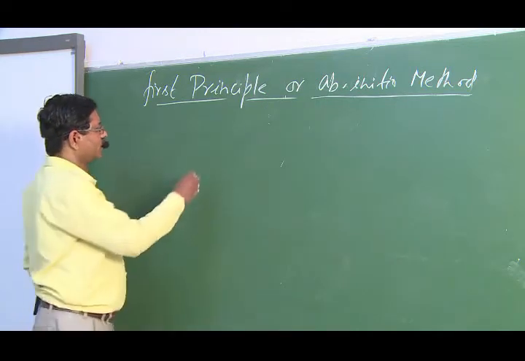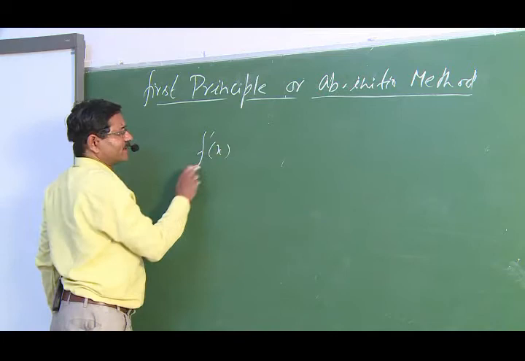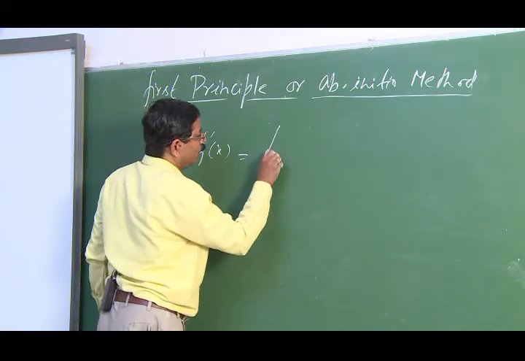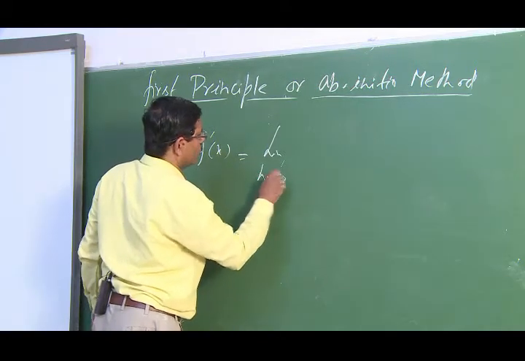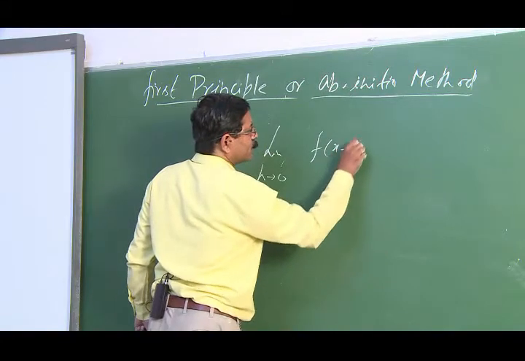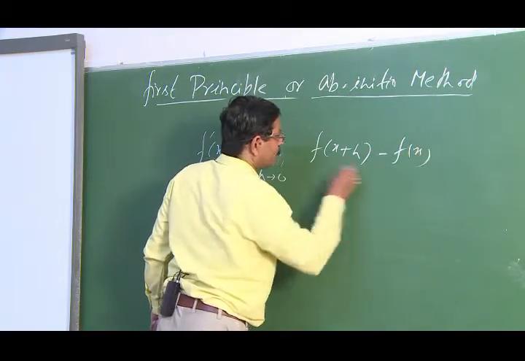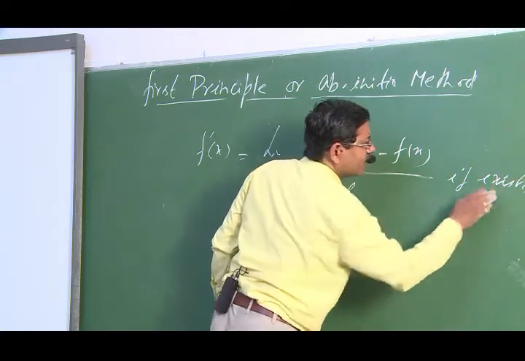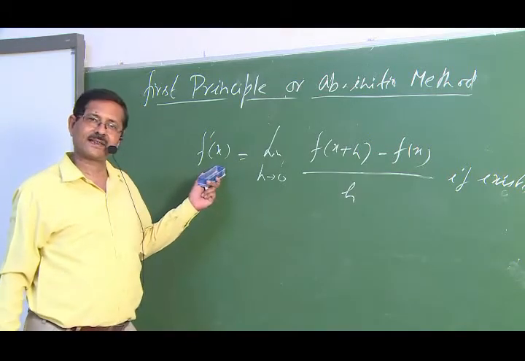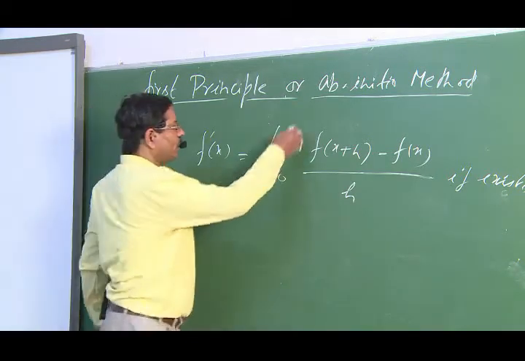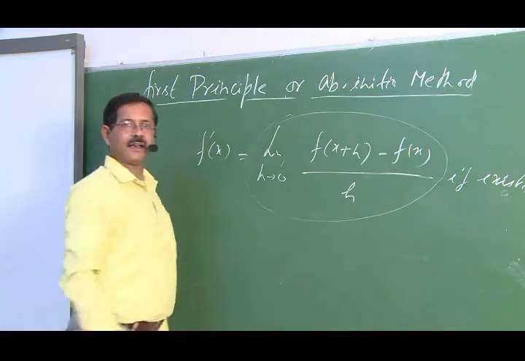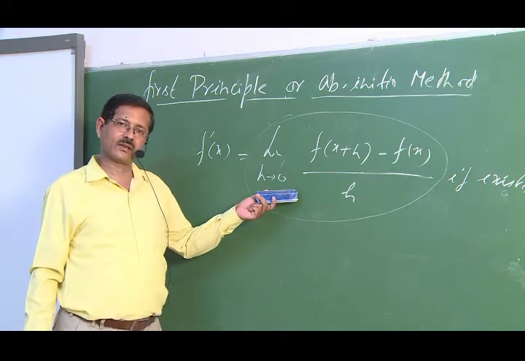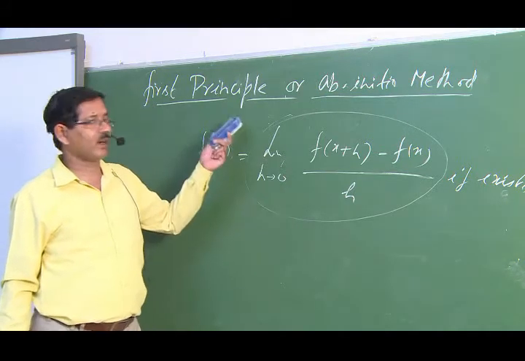Now, this expression f'(x), the differential coefficient of f(x) with respect to x, is equal to limit h tending to 0 of f(x + h) - f(x) upon h. If it exists, meaning f'(x) is finite and real, the value of this expression must be finite and real, then this is called the differential coefficient of f(x) with respect to x by first principle.